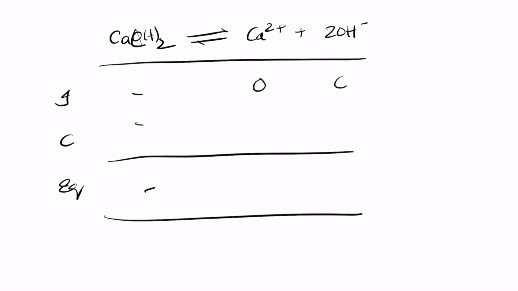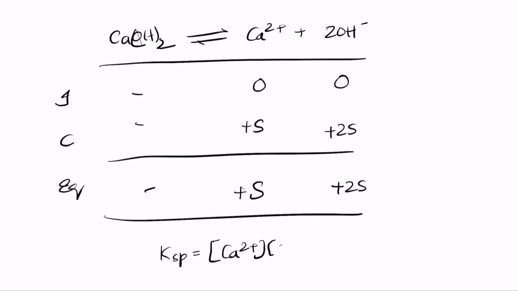Initially there's 0 amount of both. Now if this increases by plus S, this increases by plus 2S. So this becomes S and this becomes 2S. This is the solubility of these compounds. From this the Ksp equation becomes [Ca2+] times [OH-] squared, which can be written as S times (2S) squared, which becomes 4S cubed.